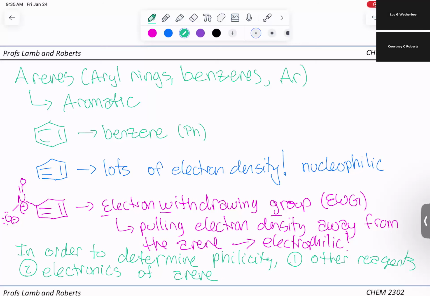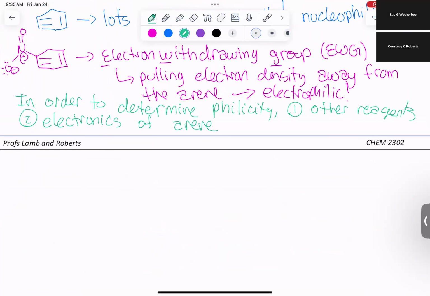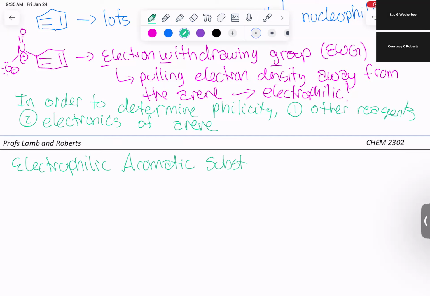All right, so let's get into benzene acting as a nucleophile. And this is called electrophilic aromatic substitution. We will also be abbreviating this a lot, EAS.